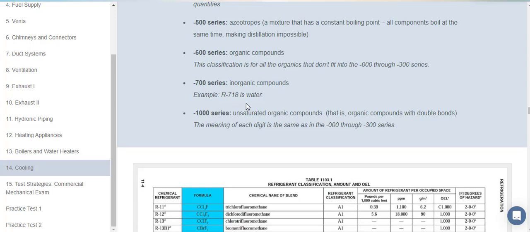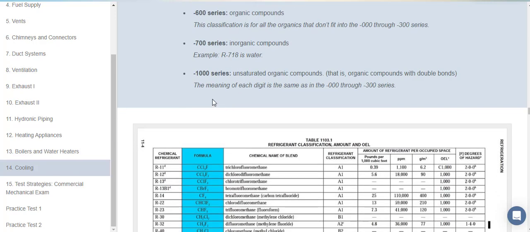Example, R718 is water. 1000 series, unsaturated organic compounds, organic compounds with a double bond. The meaning of each digit is the same as the 000 through 300 series.